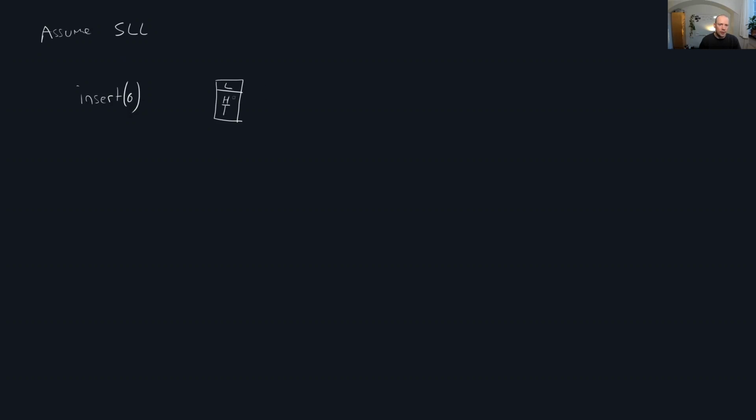We have our head pointer. This is pointing to, it doesn't really matter, but let's give it some values, and we have our tail. If we're simply appending this, and not trying to place it in a certain position, then we don't need to update the head because we're appending to the tail.